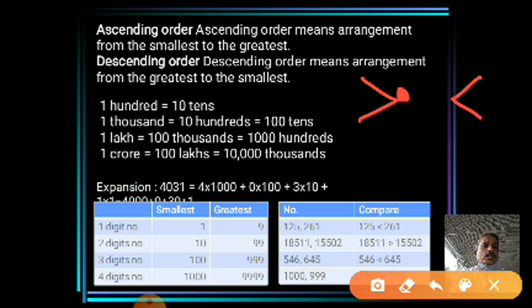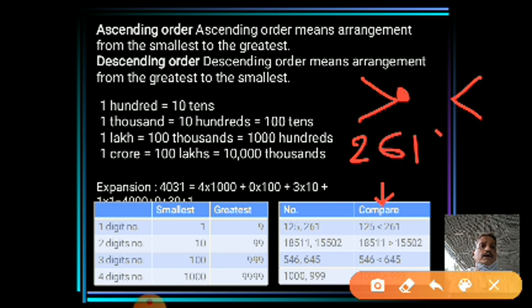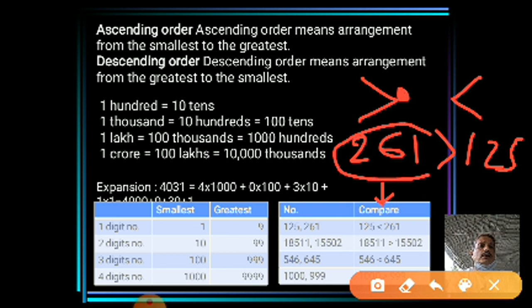Here the first number 125 is smaller than 261. The sign is written here. Isn't it, beta? But some students can write it this way also. They can write 261 on this side and greater than 125, but the sign's open part remains on the greatest number and the pointed part shows the small number.